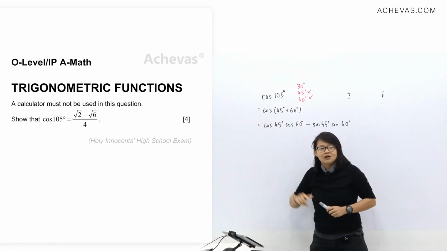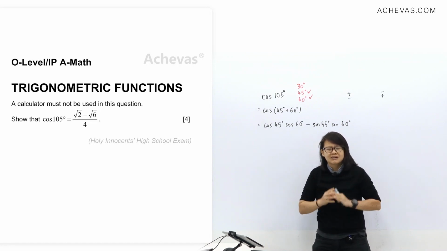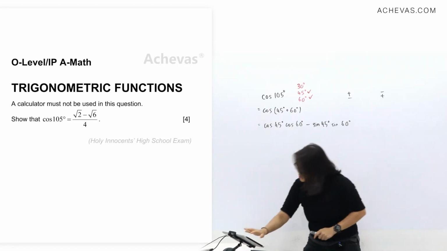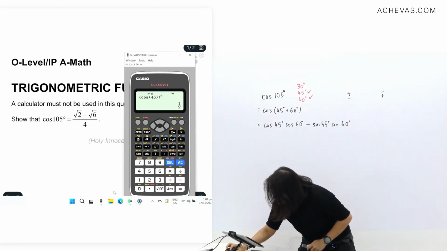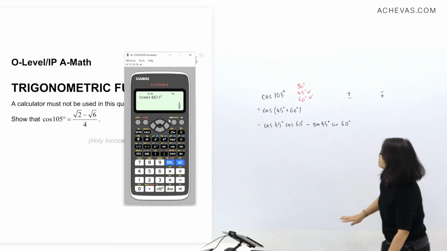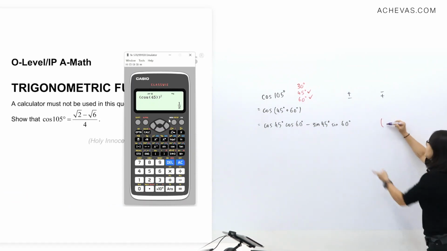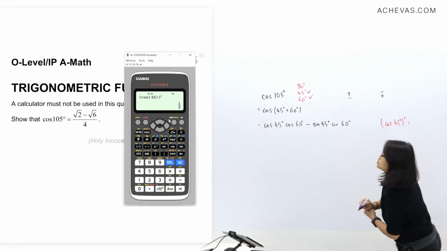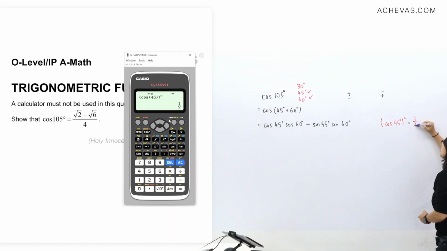Although they say do not use a calculator, you can actually use a calculator for a trick to find a value if you did not memorize the value. So let me show you on my calculator screen here. I'll have cos 45 squared. I'm going to write down how I can use my calculator, but I'll still show my working. My calculator shows me the answer is 1 over 2 when I take cos 45 degrees squared.